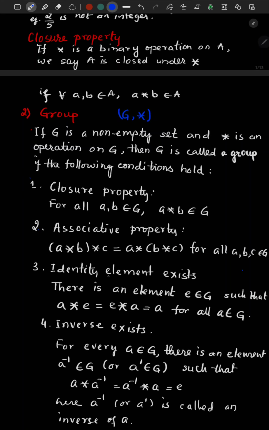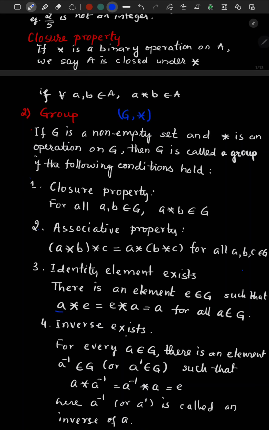Next is identity element should exist in G. There should be a unique element E belonging to G such that for any given A, A star E should be equal to E star A, and that should be again A itself for every element A belonging to G. Then we say such an element E is an identity element.